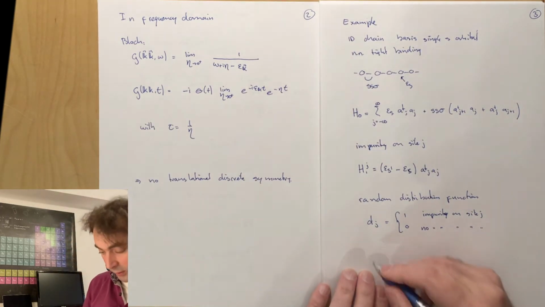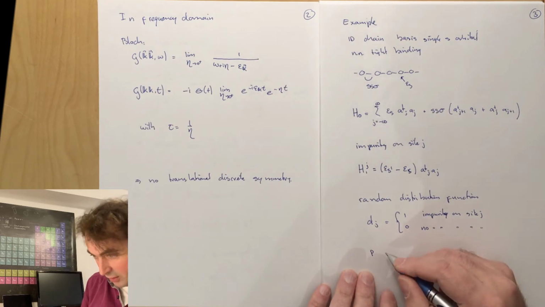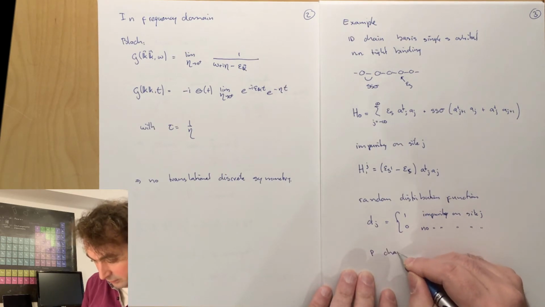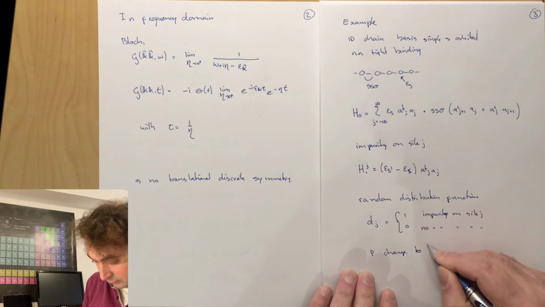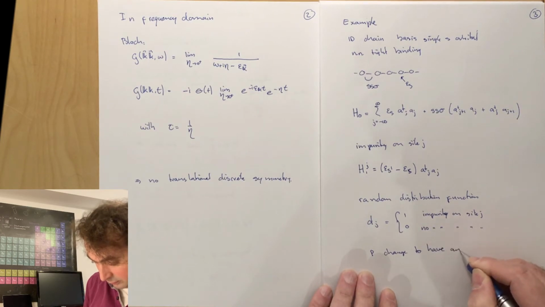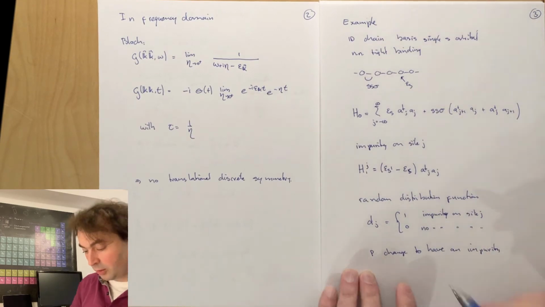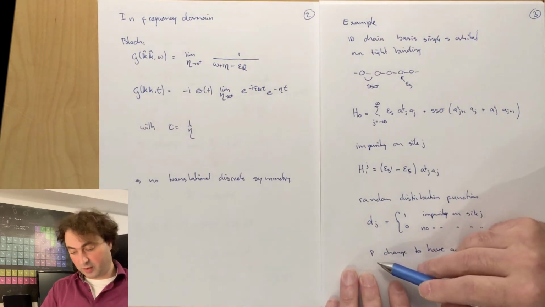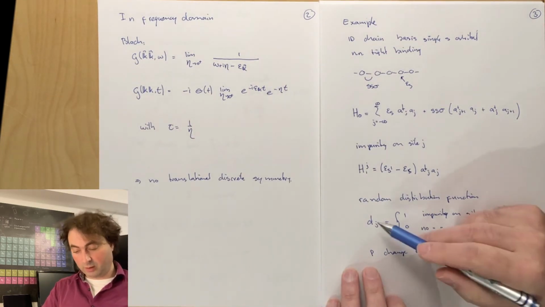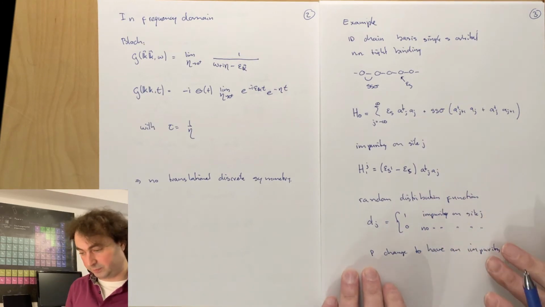And we furthermore take P, the chance to have an impurity. So for each lattice site j, there is a chance P that d_j is 1, or that d_j is 0.